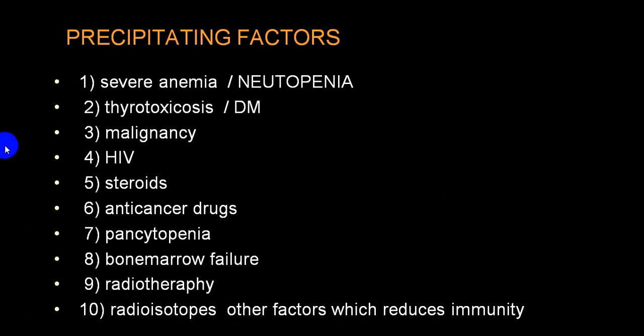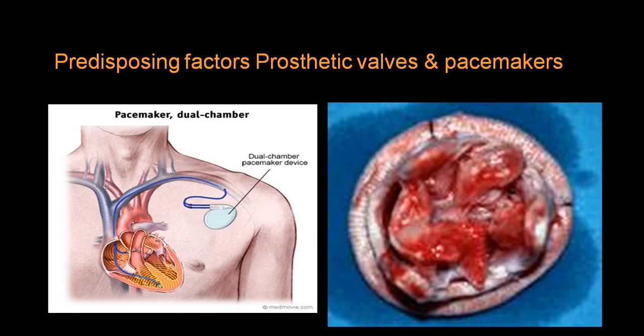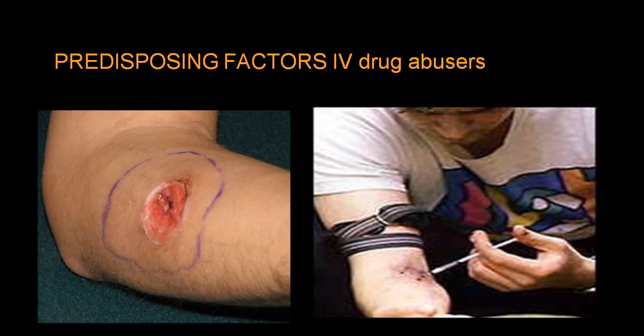So these are all: malignancy, thyrotoxicosis, diabetes mellitus, person with severe anemia, neutropenia, pancytopenia, anti-cancer drugs, person who is on steroids, bone marrow failure, radiotherapy, radioisotope therapy, etc. All these are precipitating factors where your immunity is markedly low, and that can involve prosthetic valve as well as natural valve.